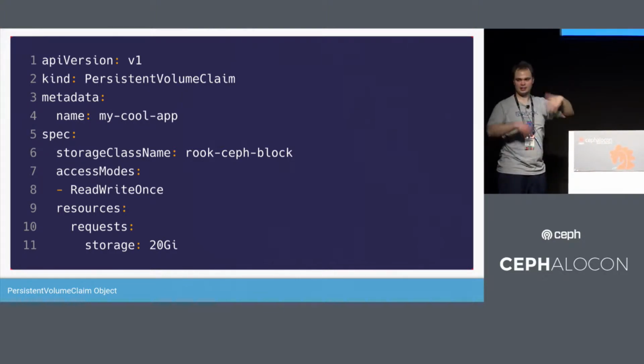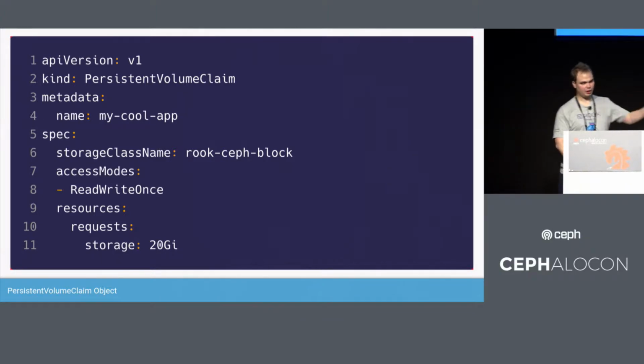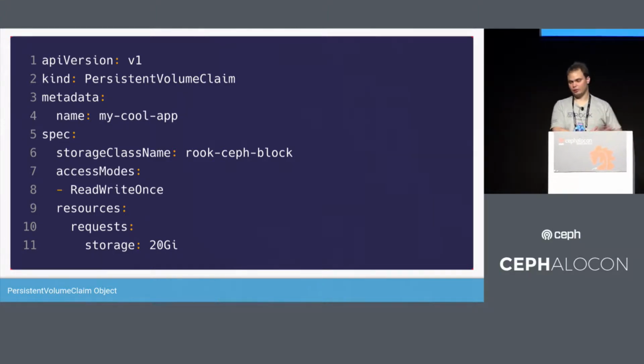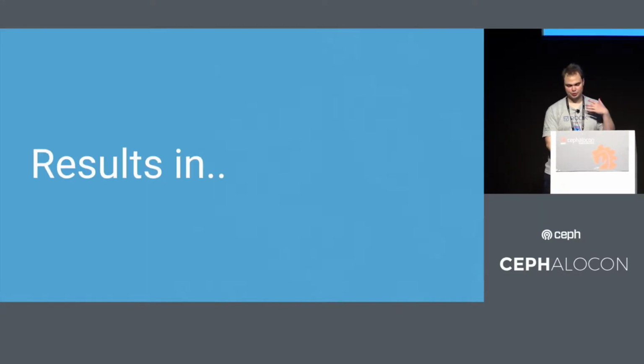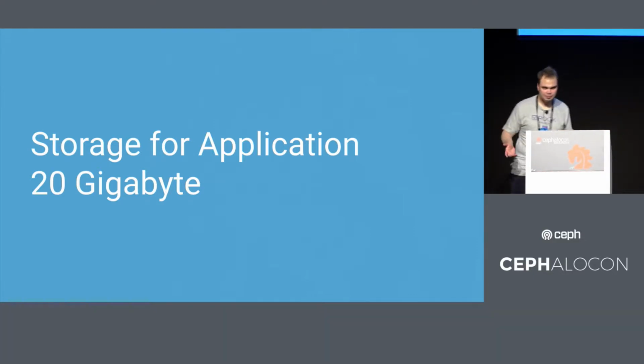And we say, hey, make it 20 gigabytes big. And if we create all those three objects, and we already have a Ceph cluster existing in Kubernetes, what would result out of that? Storage for the application of size 20 gigabytes. And bam, your application has the storage now.